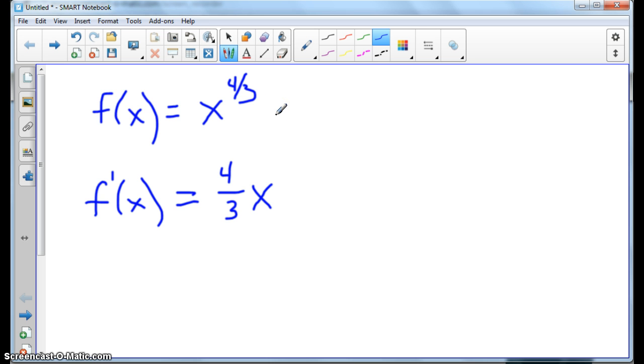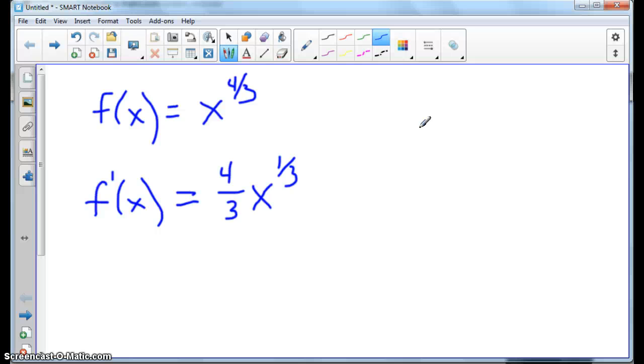So 4/3 minus 1 is going to give us 1/3. So that's our derivative function: 4/3 x to the 1/3 power.